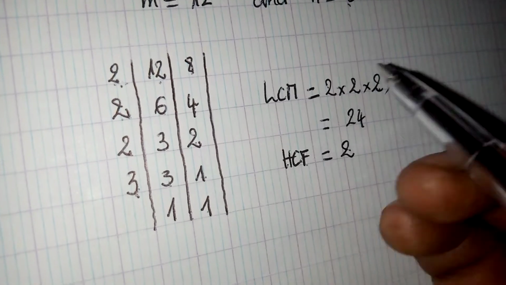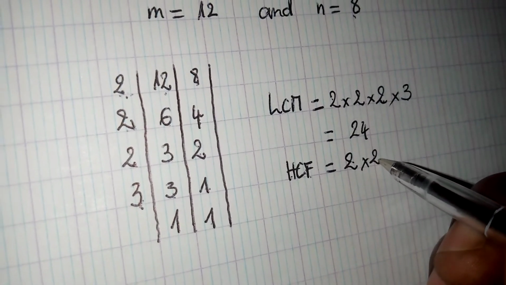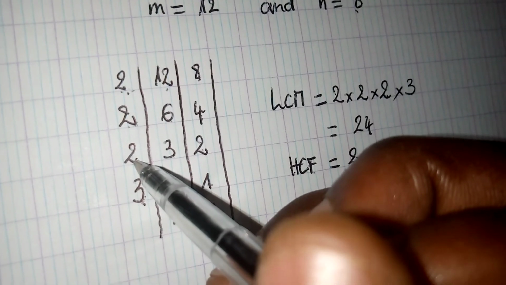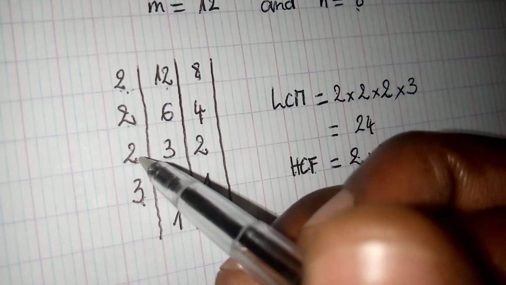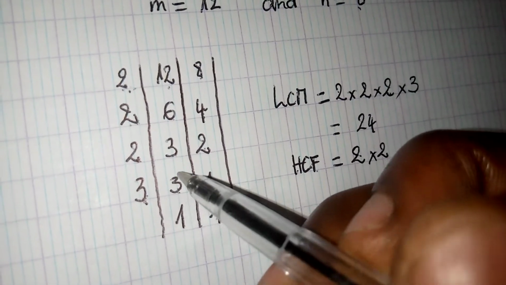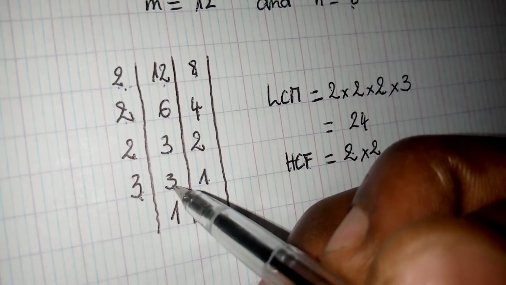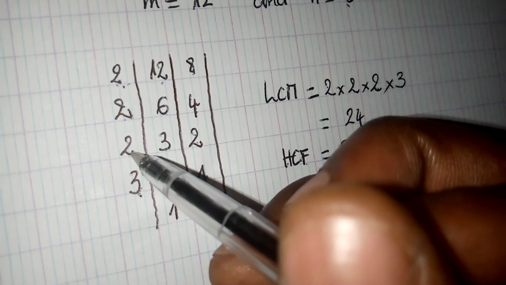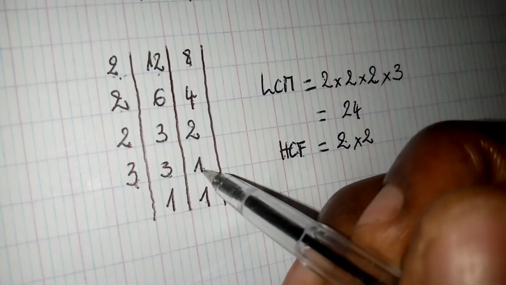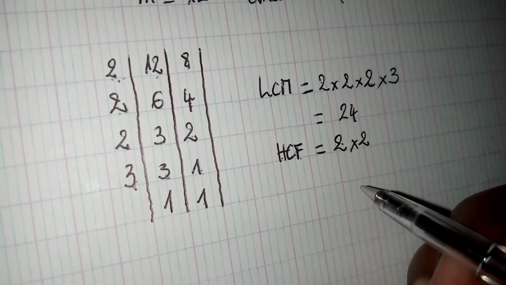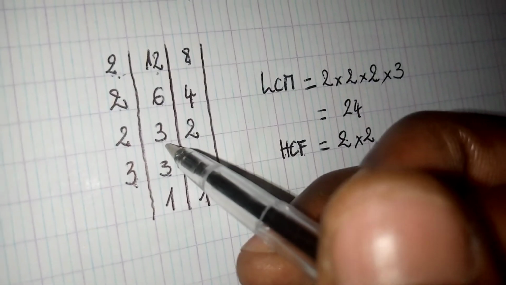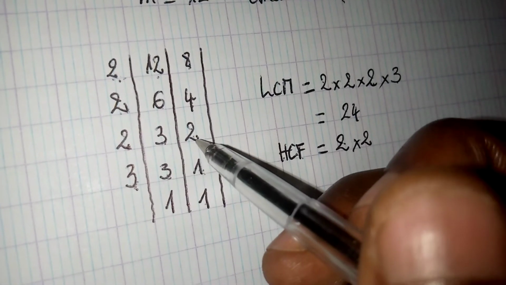So 2 was common, write 2. Then for this next 2, we've seen that it has not divided this 3 because we have copied this 3 here, but this 2 has divided this 2 and we've got this 1, so this 2 was not common to this 3 and this 2.